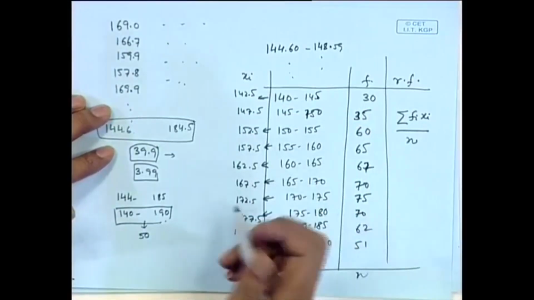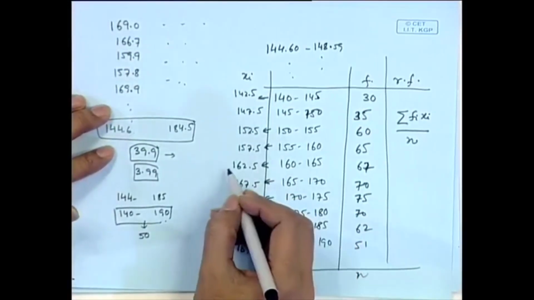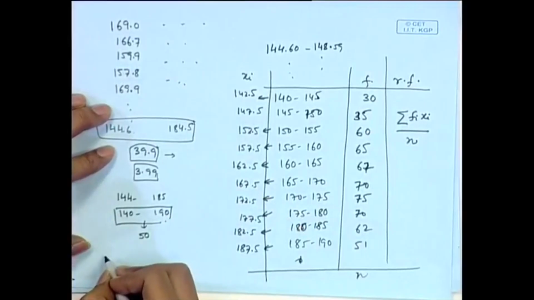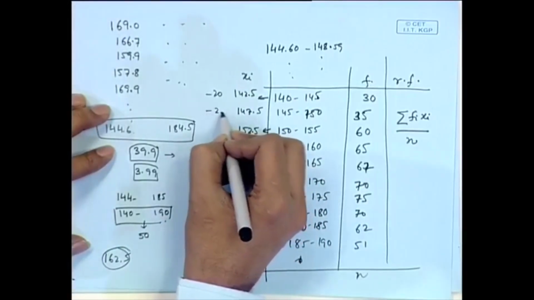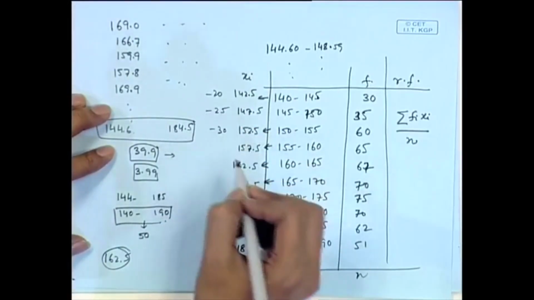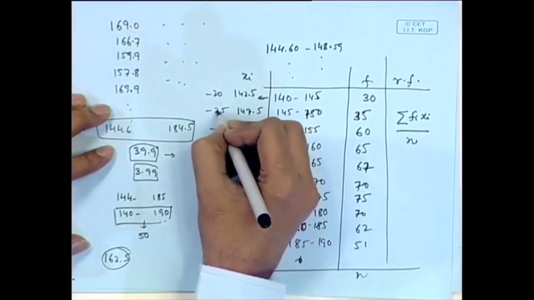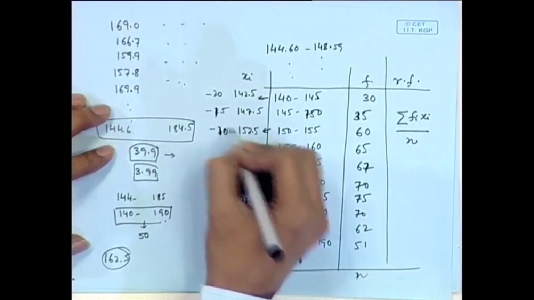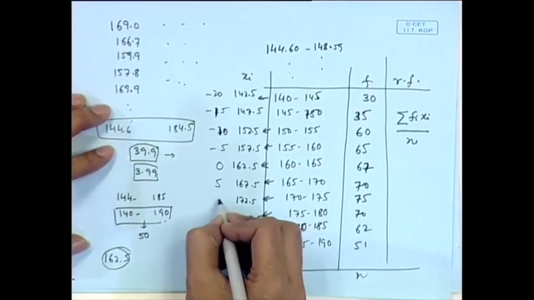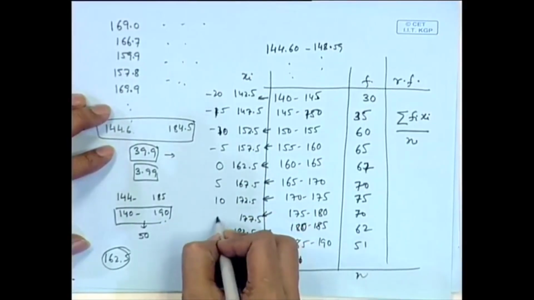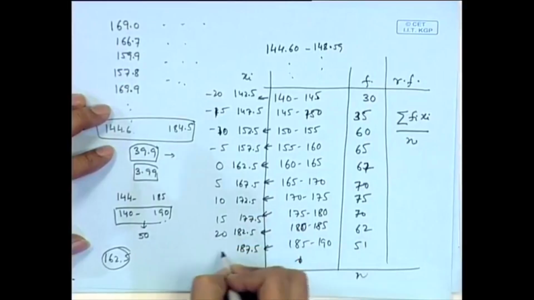What we can do is shift all the values by 162.5, then this will be minus 20, this value will be minus 25, minus 30, minus 15, minus 10, minus 5, 0, 5, 10, 15, 20, 25.